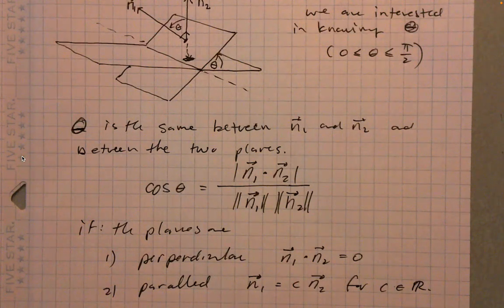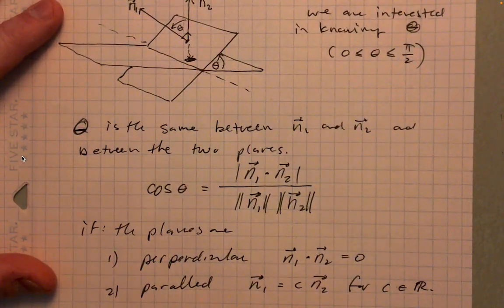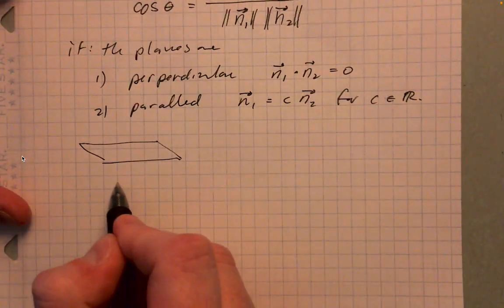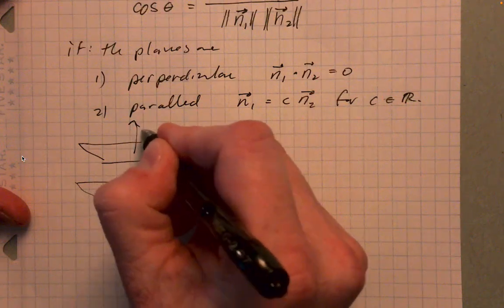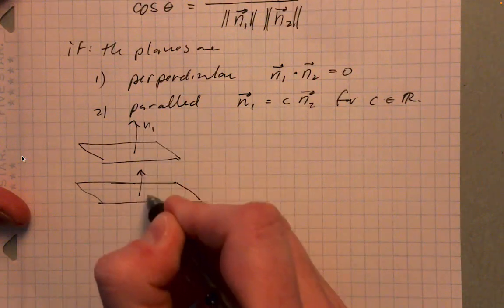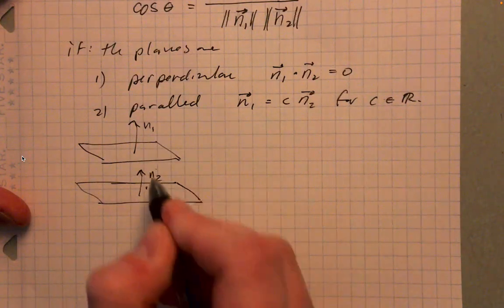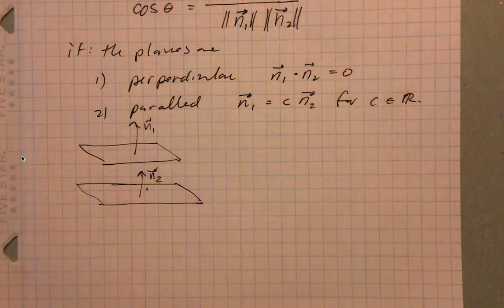Hopefully that makes sense. If you've got one of the planes like this, and the other plane is right below it, then you've got n1 here and n2 here. Obviously they're in an identical direction, they just may vary in length. So they're scalar multiples of each other. Okay, so that should be clear.